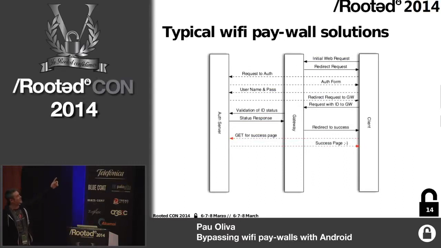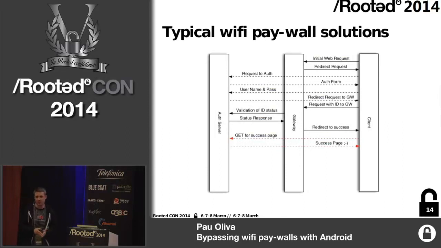So the client makes the initial request, the gateway sends a 301 to redirect it to the web server, and the web server gives back the form for authentication. The client enters the user number and the password, the form is posted to the gateway, and it sends a RADIUS request against the authentication server.